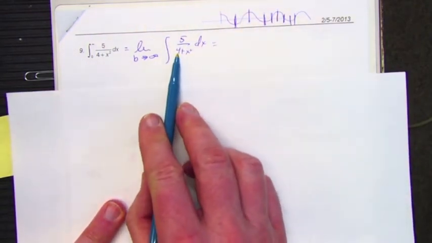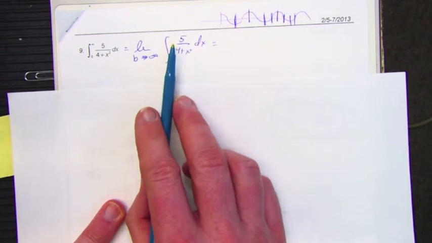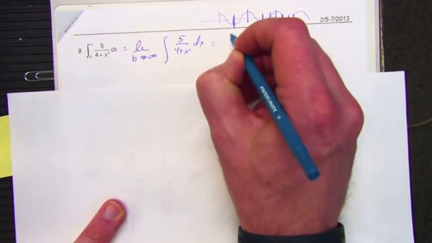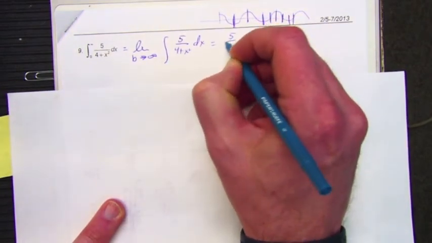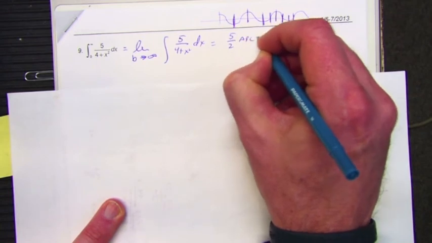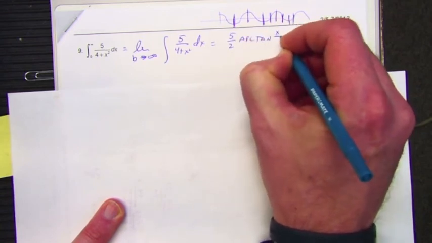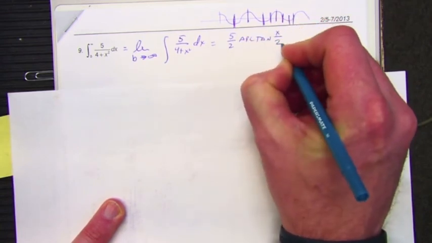Okay, what is that antiderivative? Do you know? That is an arctangent. Okay, what is going to be out front on that arctangent? 5 over 2. It's the square root of this. So it's 5/2 arctangent of x over 2.